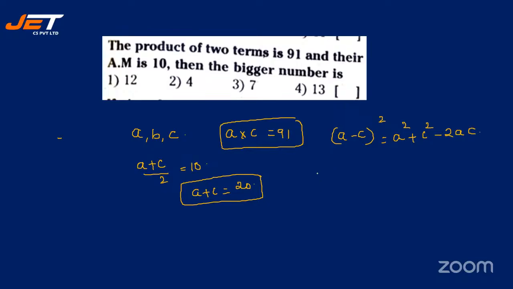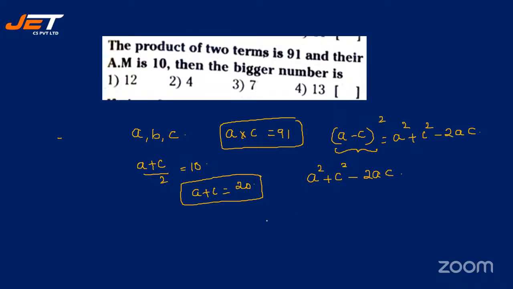So here we can use A square plus C square, minus 2AC. So what we need to do is, we can write this A minus C the whole square as A plus C the whole square minus 4AC.